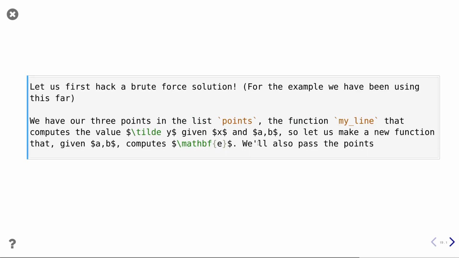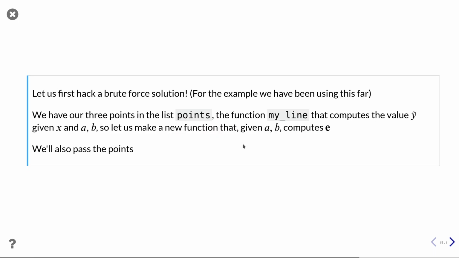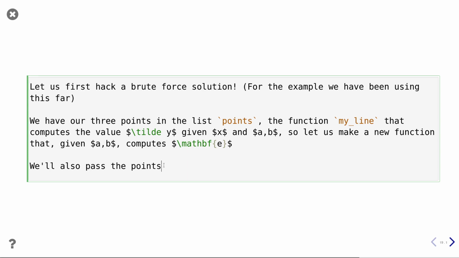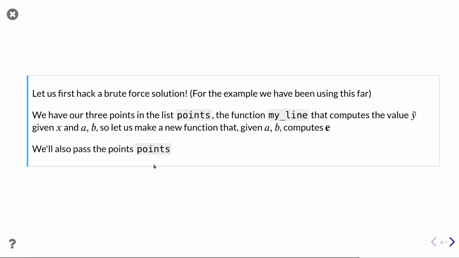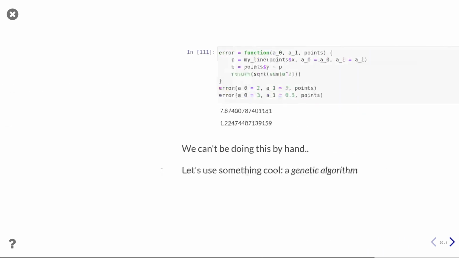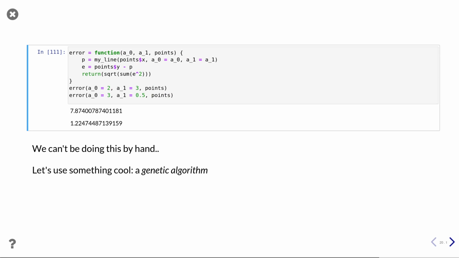Let me make this like this. Okay, so we'll also pass the points, just because it's easier to have most things handy. So what does this function look like? Let me explain a little bit what happens. I'm going to call this function error.